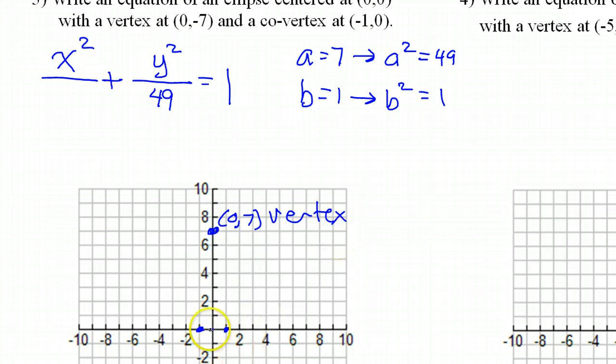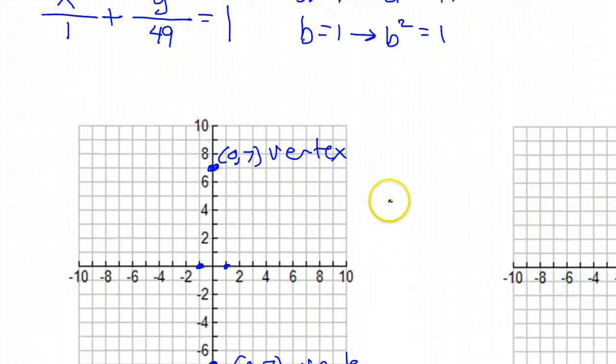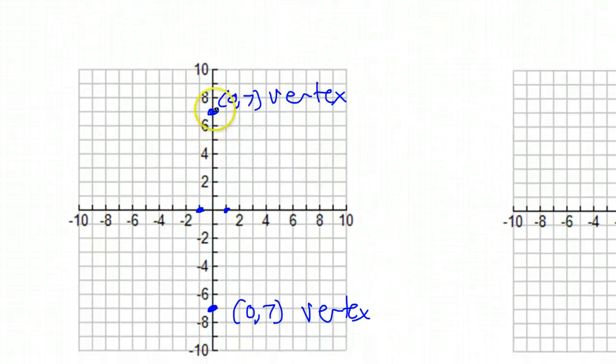But this 1 is in the x direction, so my b squared goes with the x. And that's it. So this is the equation in standard form. Now, just to continue the graph, the graph is going to look like this.